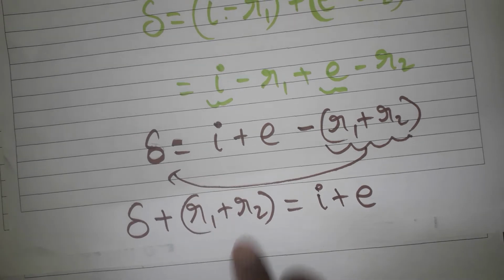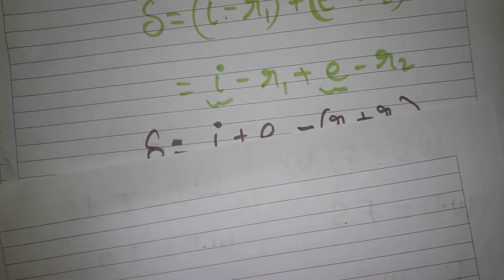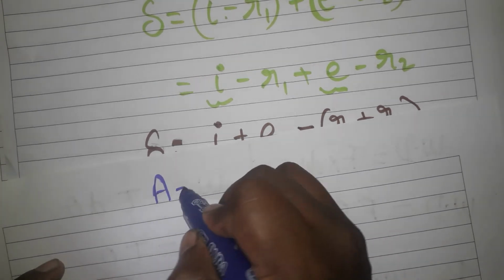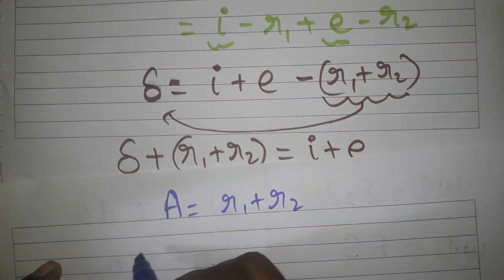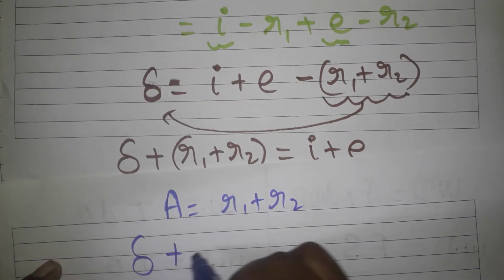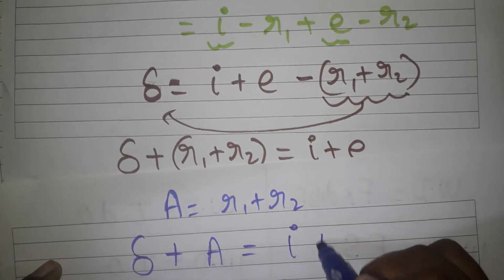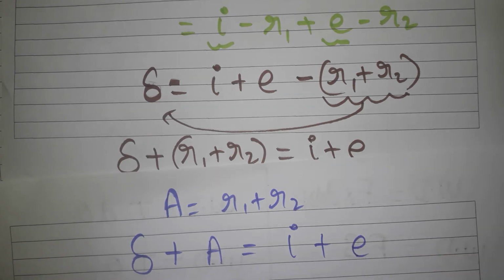A is equal to R1 plus R2, I will tell you why also. If we take A equal to R1 plus R2, then deviation plus A is equal to I plus E. So we got the prism equation.